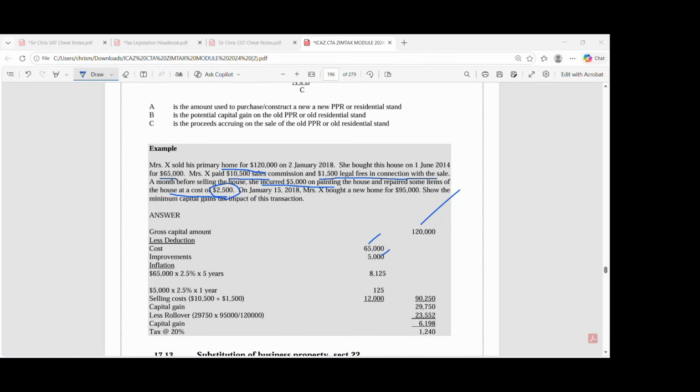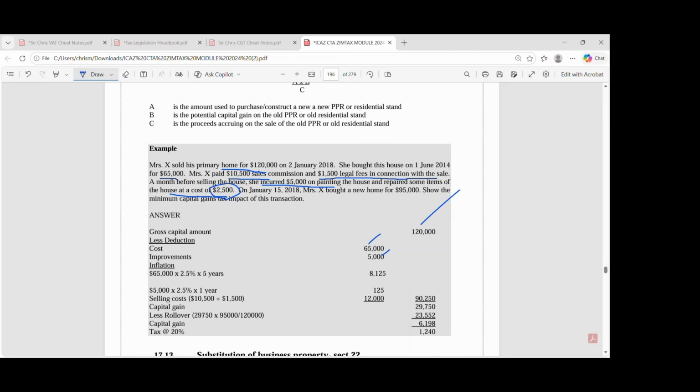Is it making sense, team? Are you following? Feel free to ask. You cannot claim a deduction for maintaining yourself, so that one we pass. That's why the 2.5 is not included, and the 5,000 is included because it's an improvement.